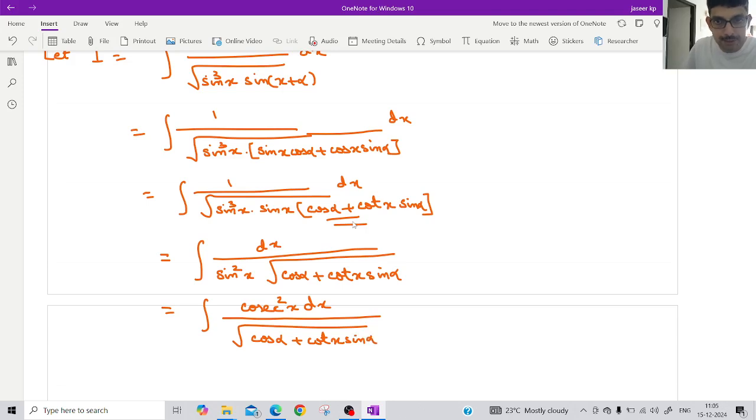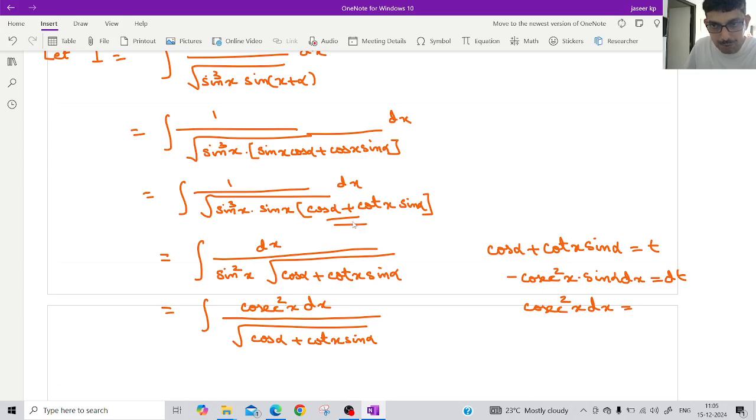Now we will be doing the substitution, cos alpha plus cot x sine alpha equal to t. When we differentiate this, minus cosecant square x into sine alpha dx equal to dt. So cosecant square x dx equal to minus 1 by sine alpha dt.